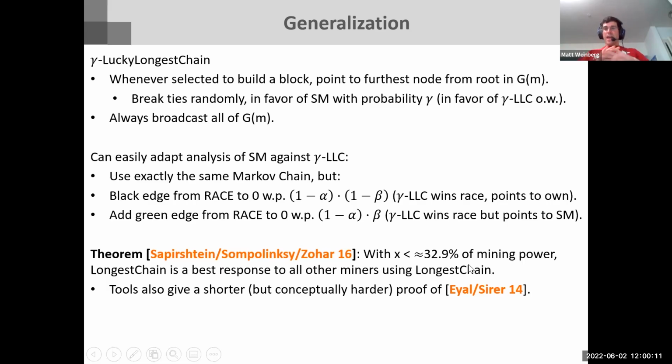So as long as you have less than 32.9% of the mining power, then there is nothing clever you can do. Okay, so that is a theorem. And that does mean that if you're really concerned about selfish mining, you only need to be concerned when there are large miners. So not 50%, it's not a 51% attack, it's like a 33% attack. But you still need to have 33% in order to do something clever.